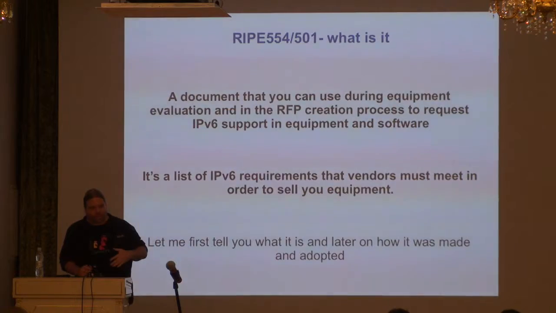It goes through the various versions of hardware and software and says what the mandatory and optional RFC requirements for IPv6 are. But let me first tell you what it is and later on how it was made and adapted. People told me that they love this story, so I will tell it again.